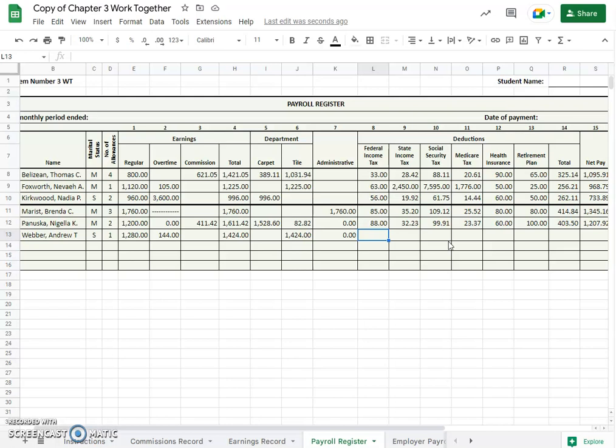If we look back, 1424, about halfway down the page in the 1420 to 1440, single with 1 allowance would be $128. And this is on page 70 of your textbook.